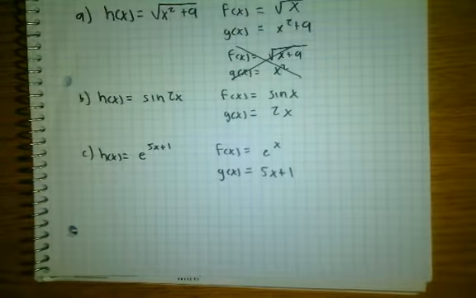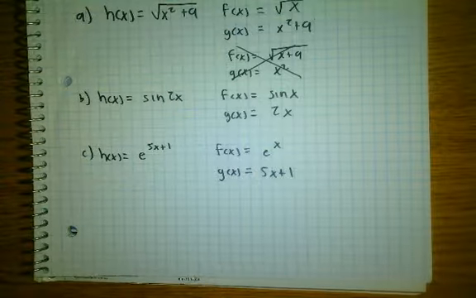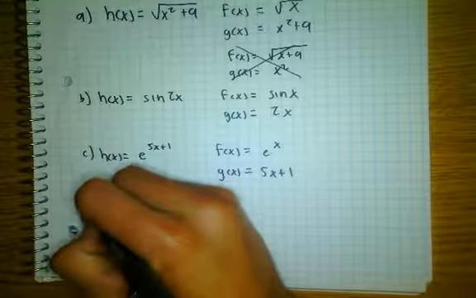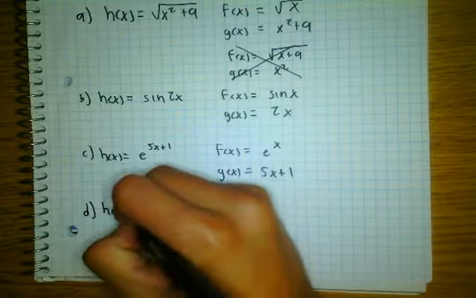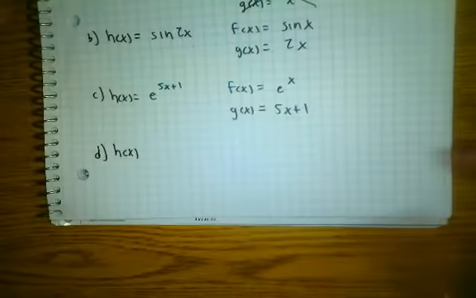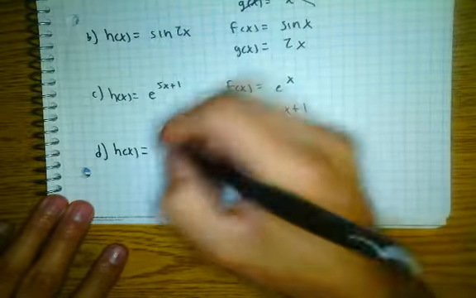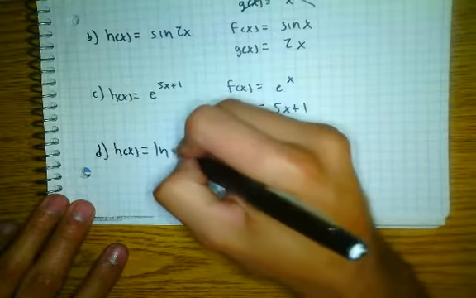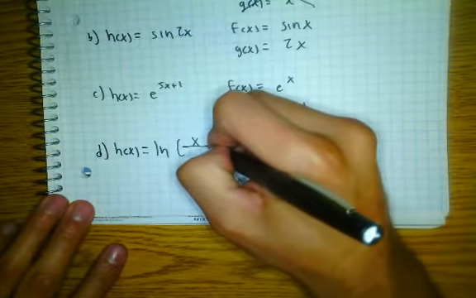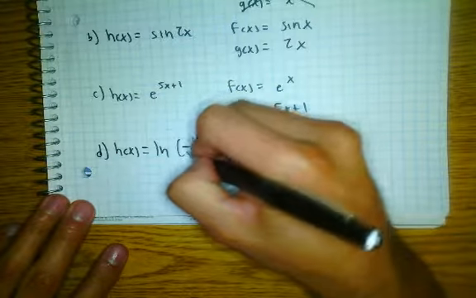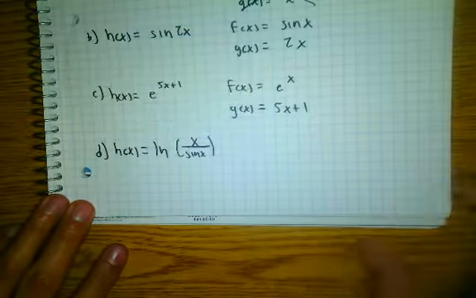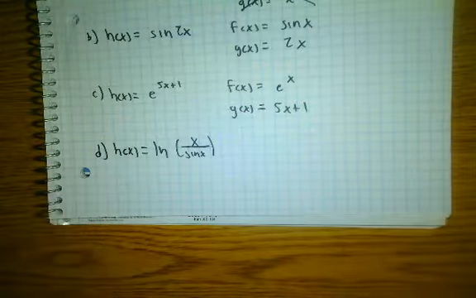So, D. Let's say that h of x, we're going to make that equal to the natural log of x divided by sine of x. Cool? Alright, Piyush, what do you think would be a good g of x for this one?